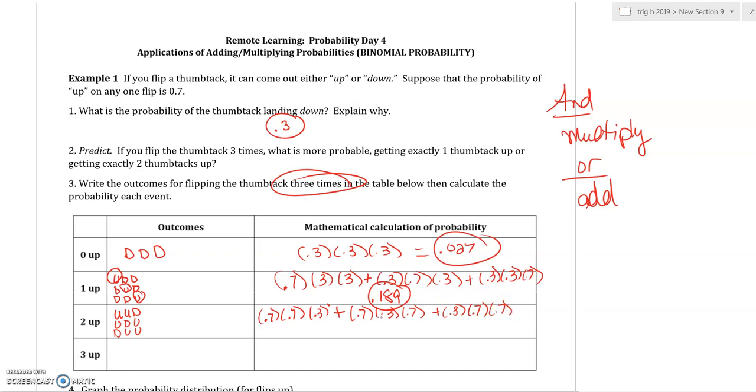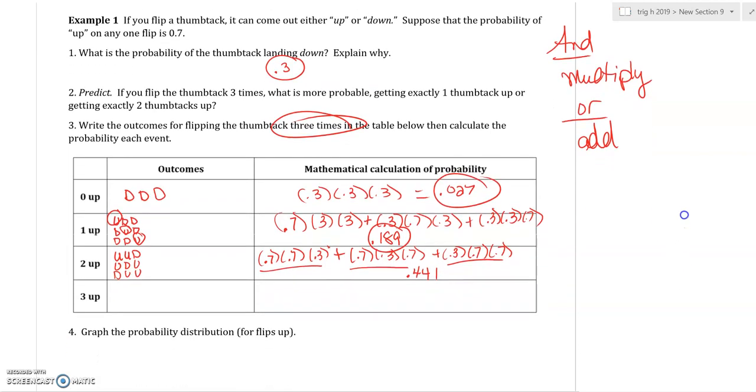Okay, so again, when you say or, you're adding. When you're saying and, you multiply. So I have this or this or this could happen. So I typed it into my calculator and I got 0.441.